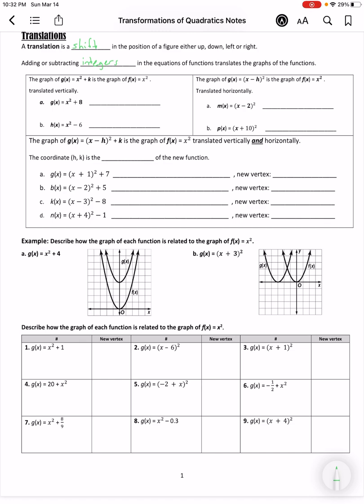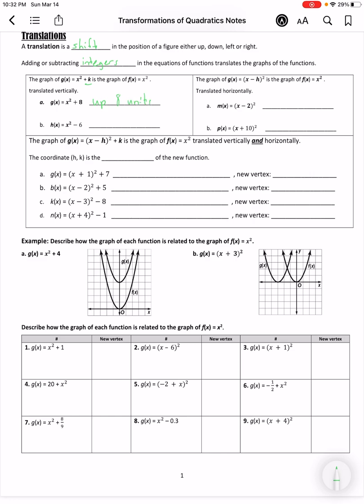So if you look here, it says the graph of g of x equals x squared plus k is the graph of f of x equals x squared when it's been translated vertically. So that k at the end after the square translates a graph vertically. If the number after the exponent, the plus 8, is a positive number, that is going to go up 8 units.